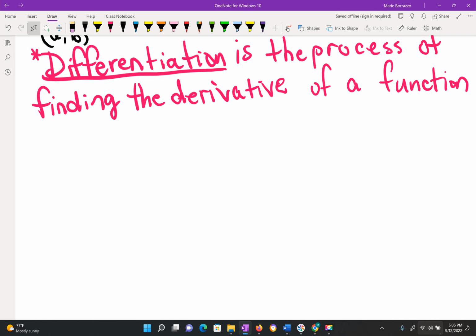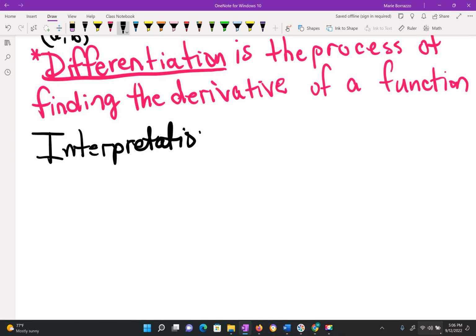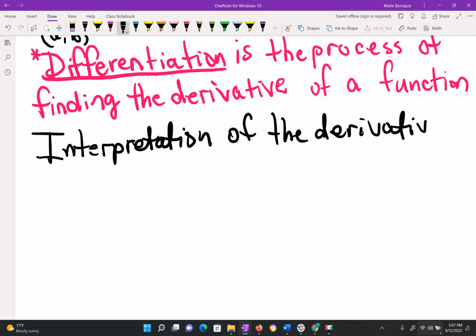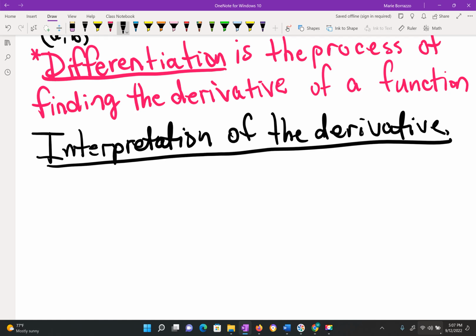So this is the important part. Remember, math, like I said, is just another language. If you understand the symbols, the interpretation, and its uses, then you've understood the math, basically. So the interpretation, this is where the applications of the derivative come in.